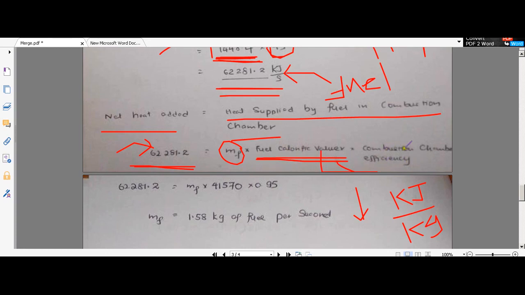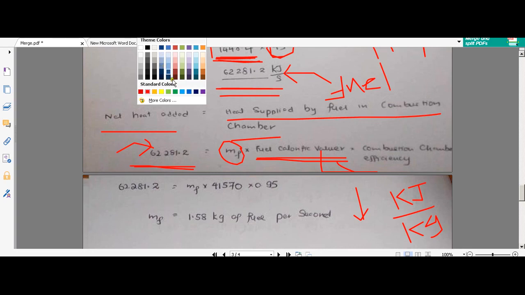Okay, combustion chamber efficiency means something like this. It is something like corruption. Let me explain you guys. So if you need to get a work done of 100 rupees, just giving 100 rupees will not be enough.